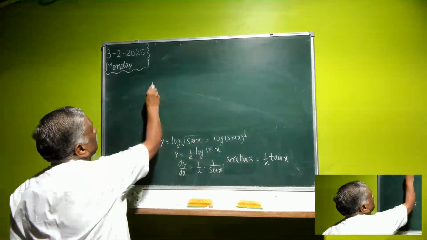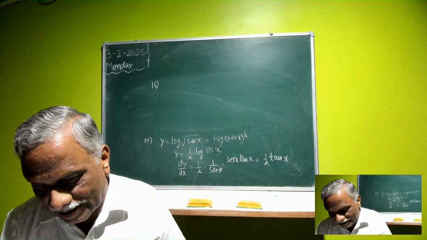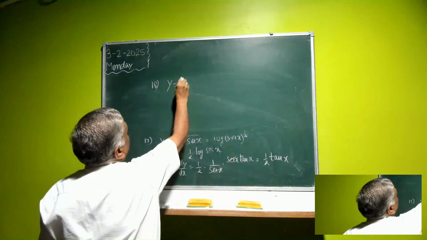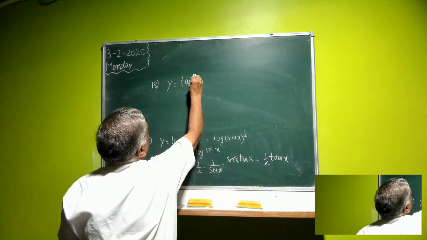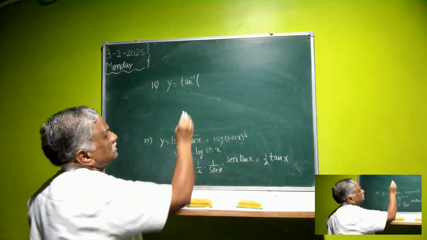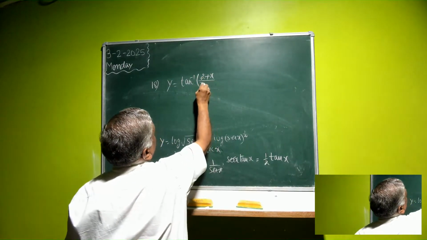Problem 18. y is equal to tan inverse of 2 plus x over 3 plus x.